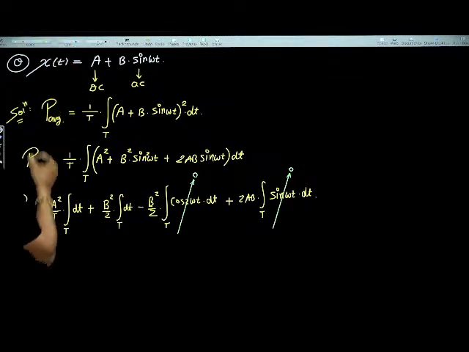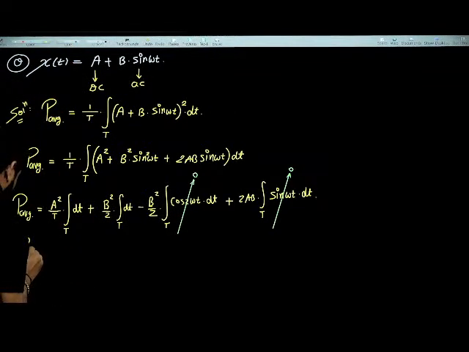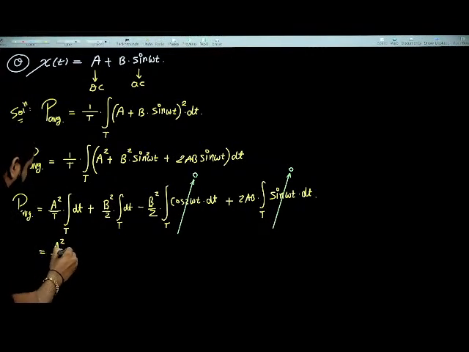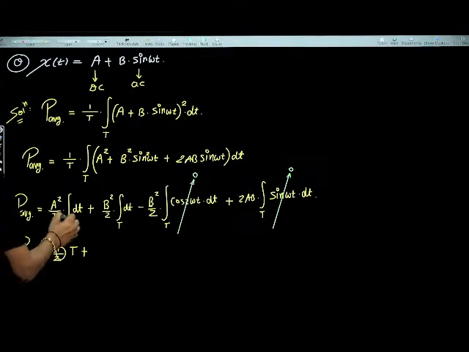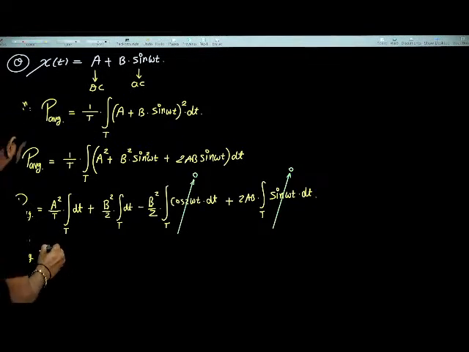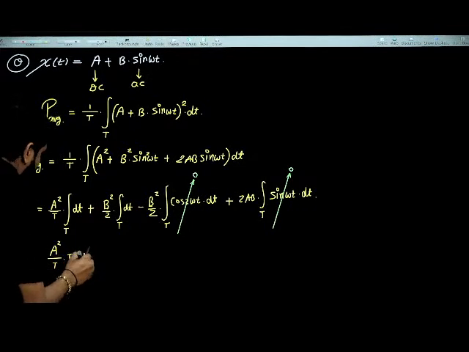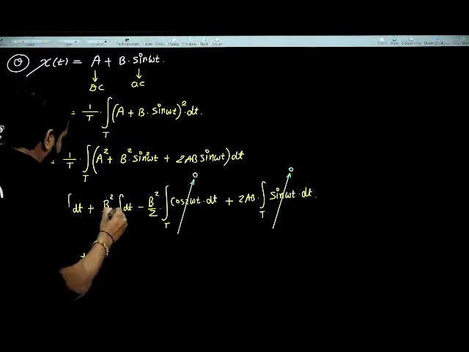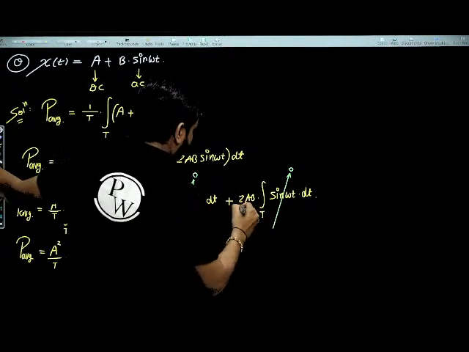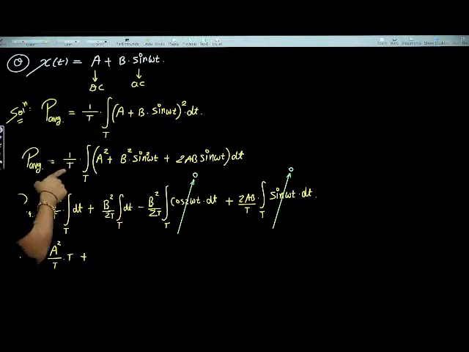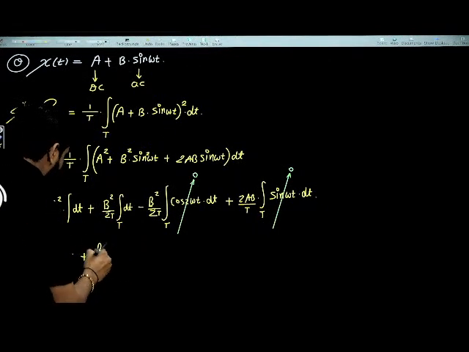So the average power is given by A square by T into T, plus B square by 2T into T, here T is missing.